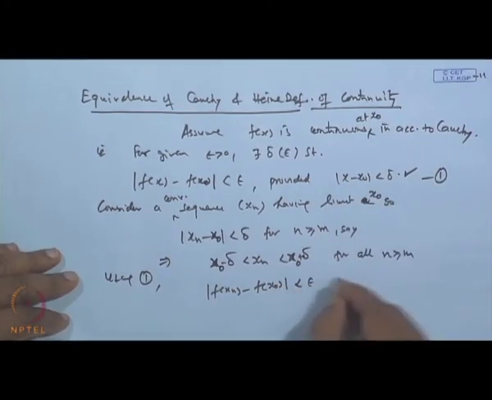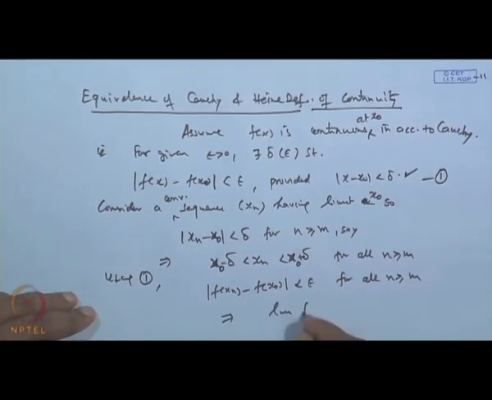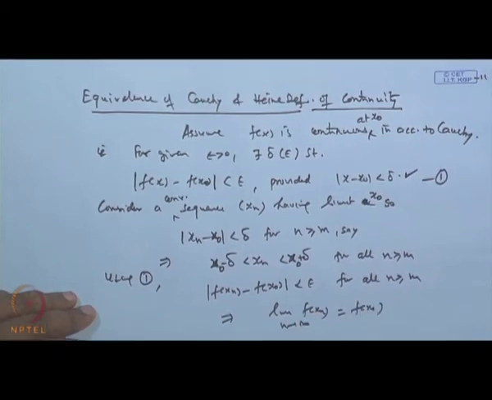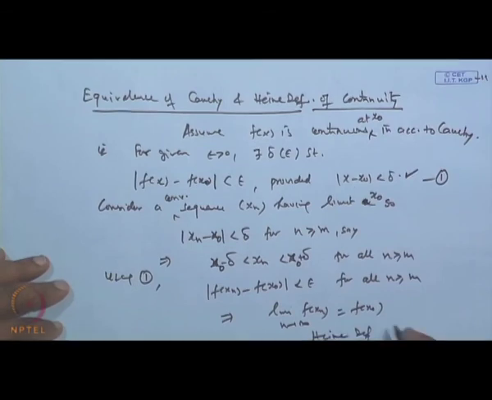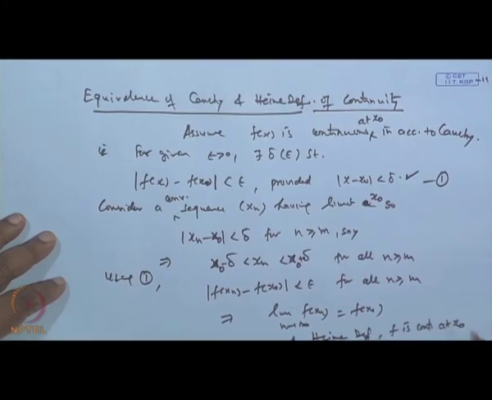This will remain less than epsilon for all n greater than or equal to m. Therefore, the limit of f(xn) as n tends to infinity is f(x naught). Hence, Heine's definition follows. Hence, by Heine's definition, f is continuous at x naught.